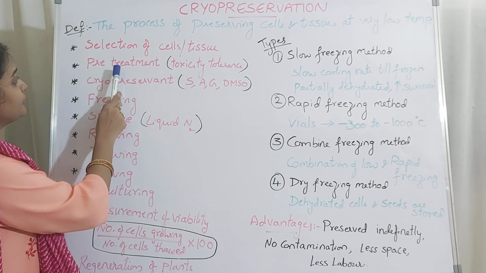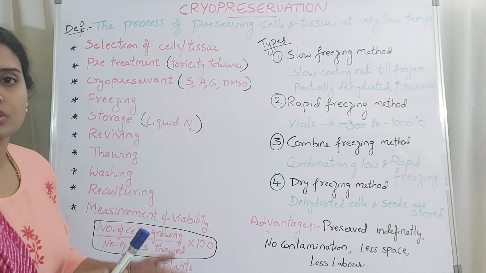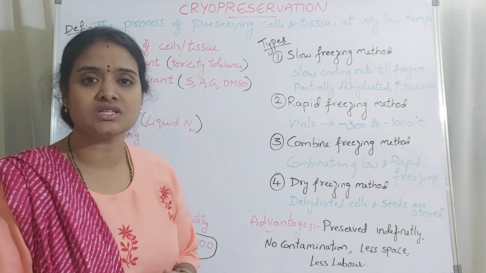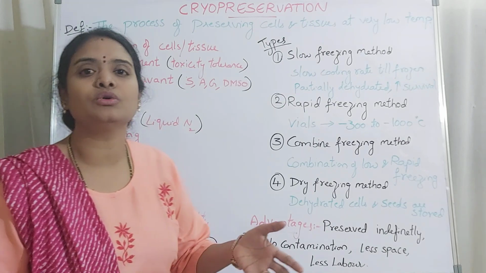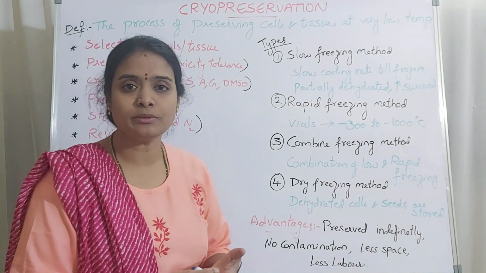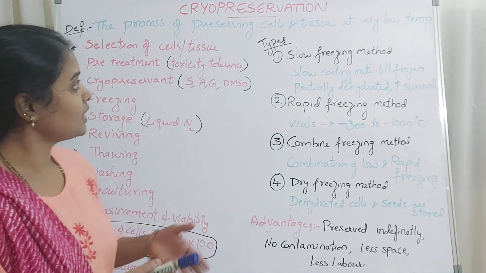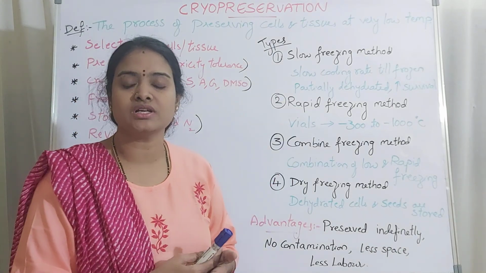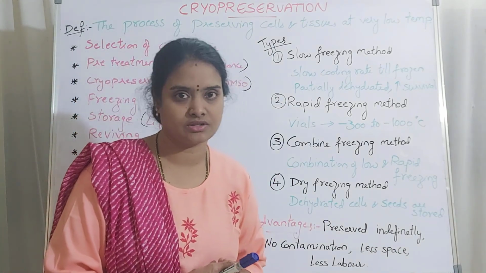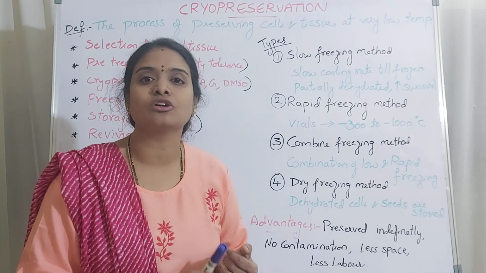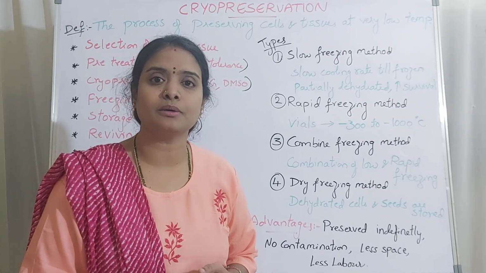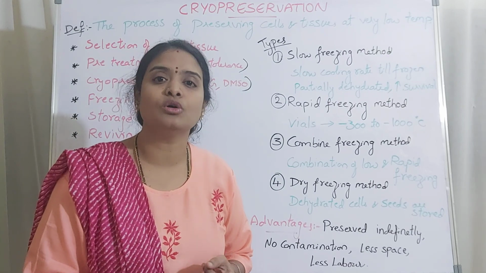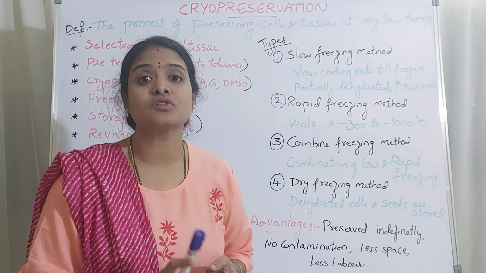So here before entering into the storage or the preservation process, you are going to make the cells tolerant to the new environment. So what will be the new environment? As it is a long-term storage, you are going to add the preservatives. So the cells must be tolerant to that preservative, and also you are maintaining them at very low temperatures, that is in frozen condition.